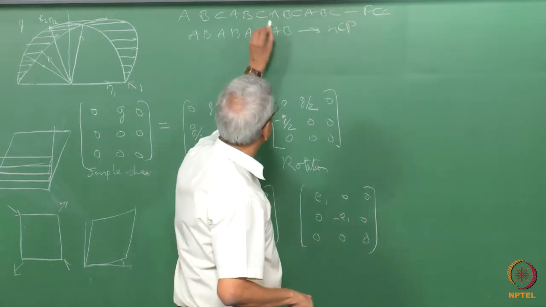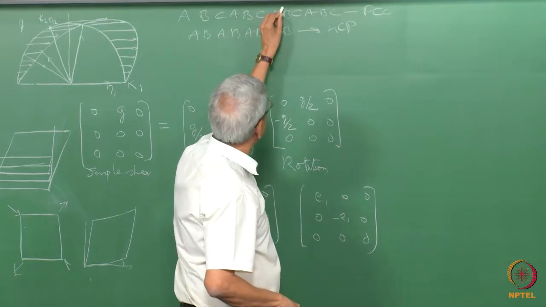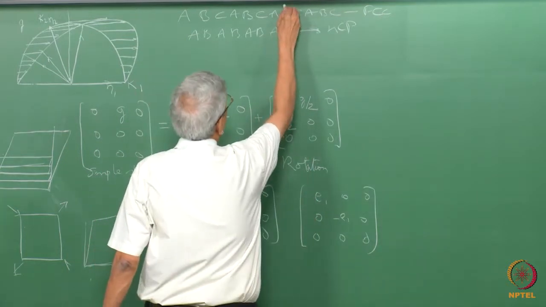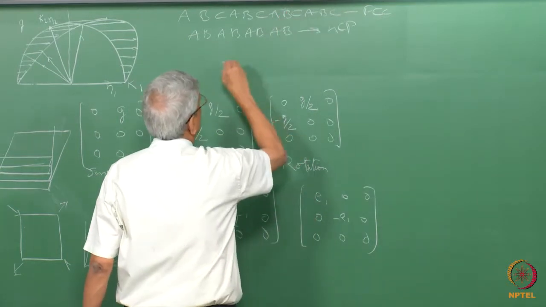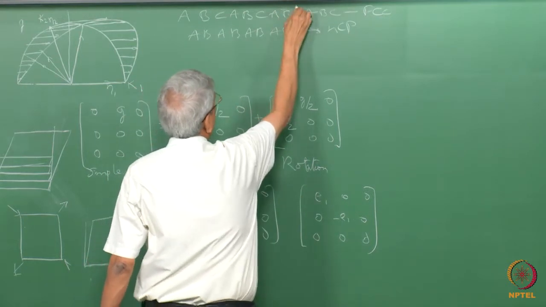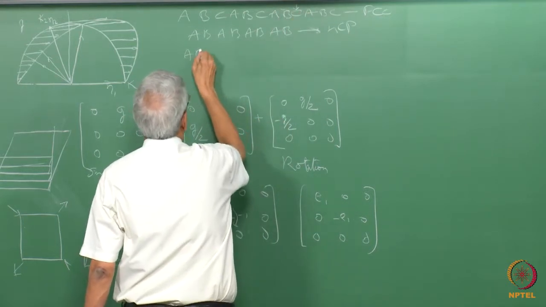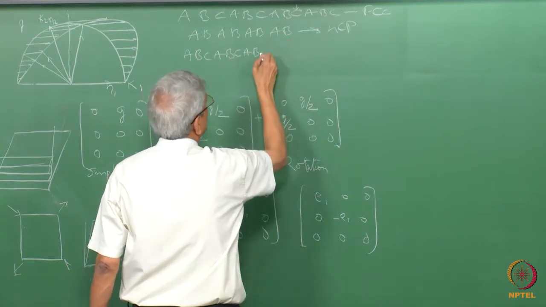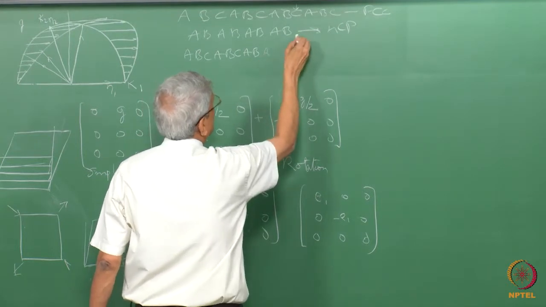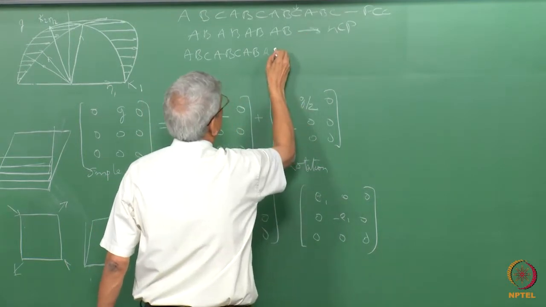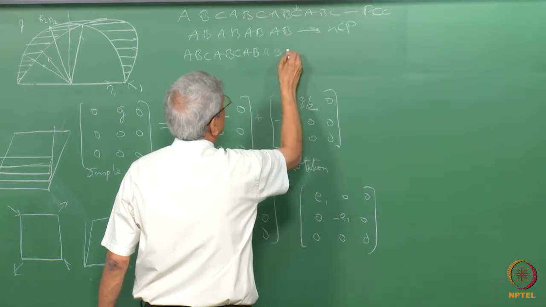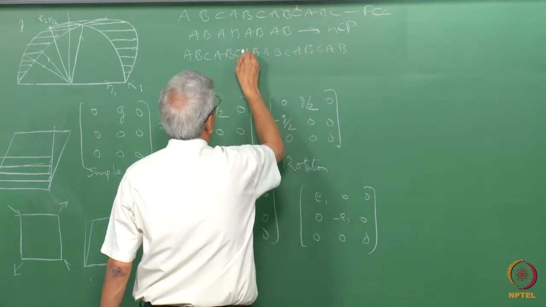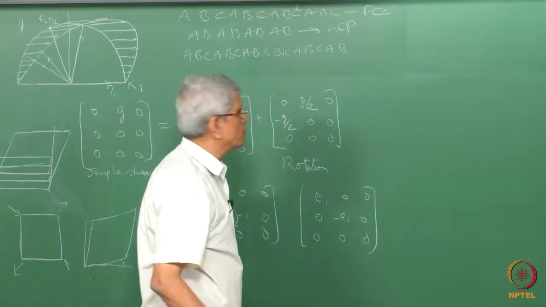Suppose I introduce a stacking fault in this lattice at any plane. Suppose we introduce a stacking fault here, then it will become ABC, ABC, AB, C goes into A, A goes into B, then this is C, ABC. This is how the stacking sequence becomes. So, we have an AB, AB type of stacking sequence which has come.